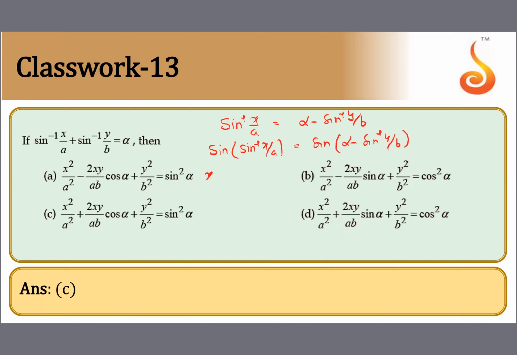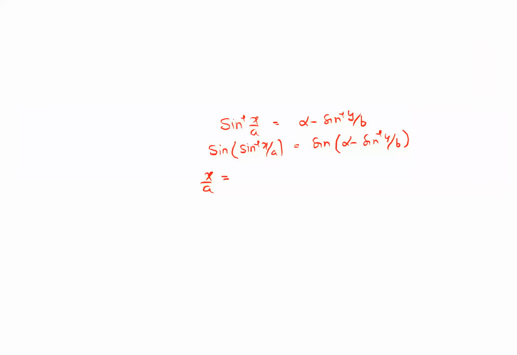You get x by a equal to sin alpha cos of sin inverse y by b minus cos alpha sin of sin inverse y by b.